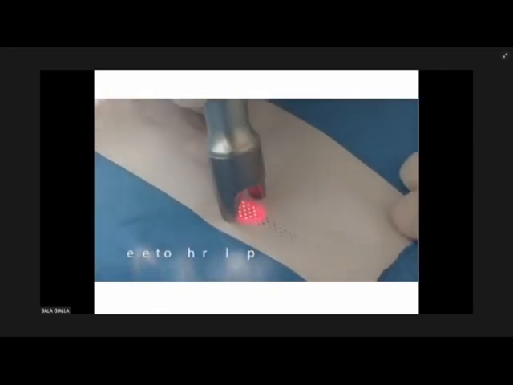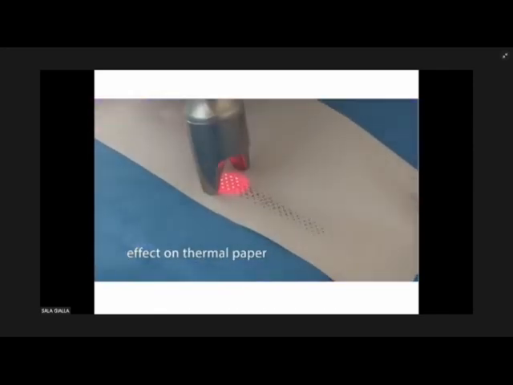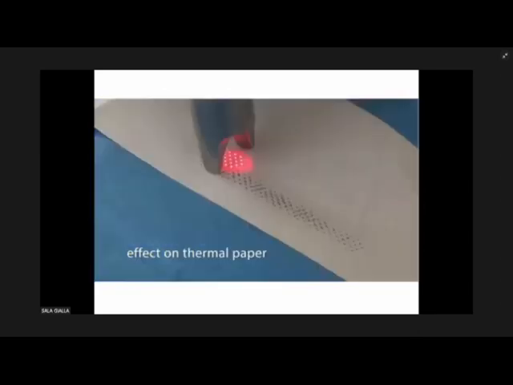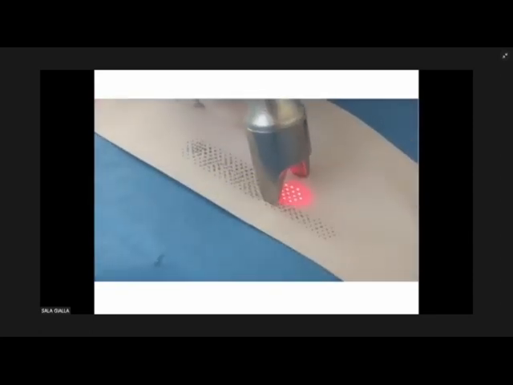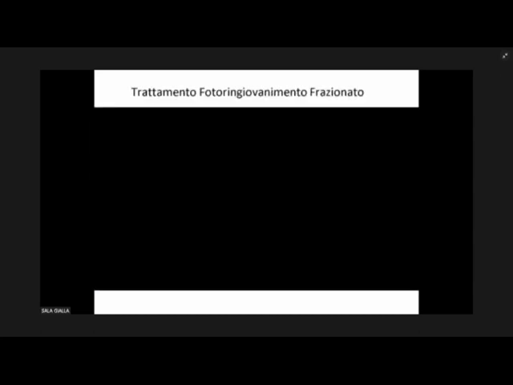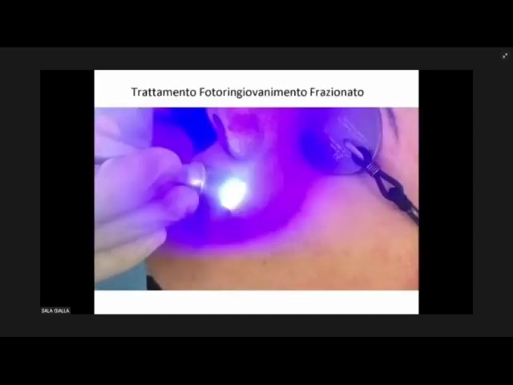This is the impulse on thermal paper, and this is what would happen on skin, on the derma. And so the result that is achieved on the skin of the patient is similar.